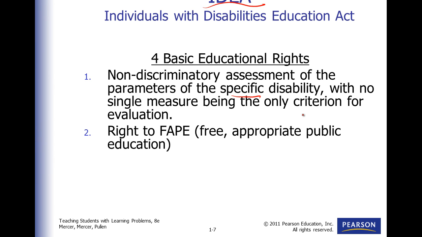And then the right to this FAPE, and from time to time I'll refer to this FAPE, and you just know it's a free, appropriate public education. They're entitled to be on an IEP. We'll have lots of acronyms in special ed. You know we love acronyms, but for the most part, FAPE means a free, appropriate public education. Even though they're disabled, they have a right to a FAPE, and we do that through the IEP.